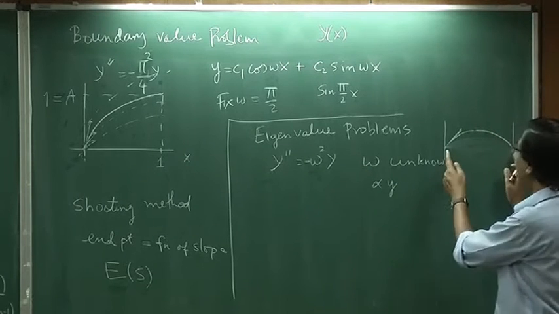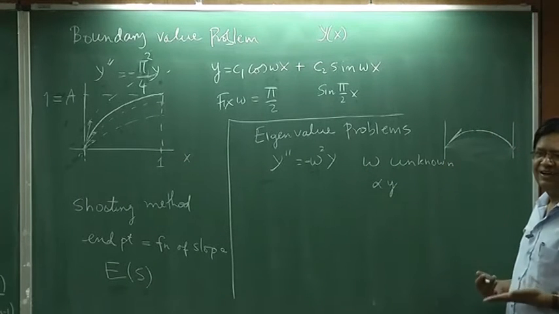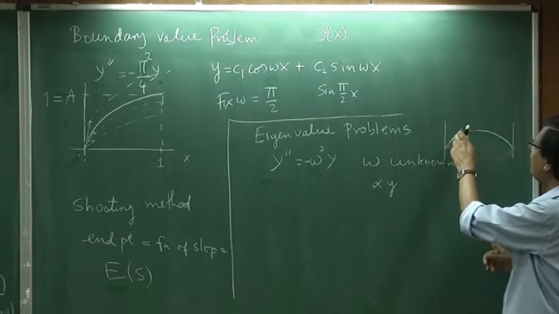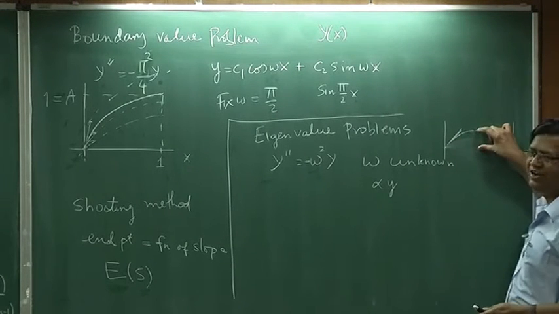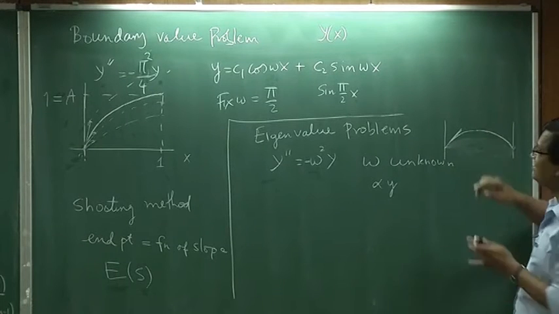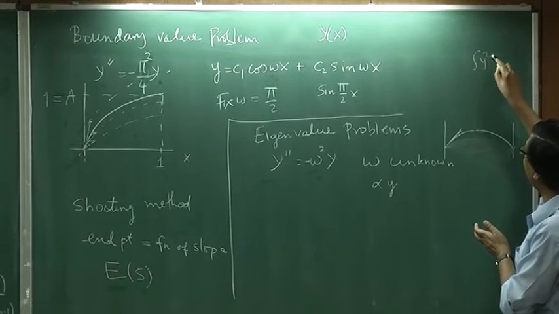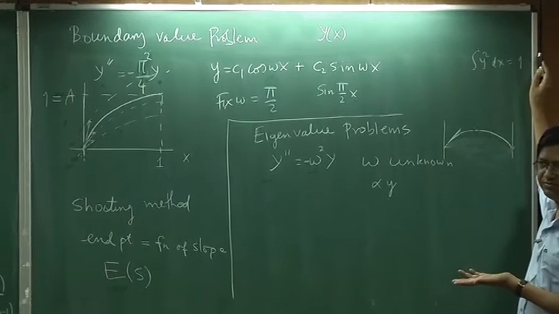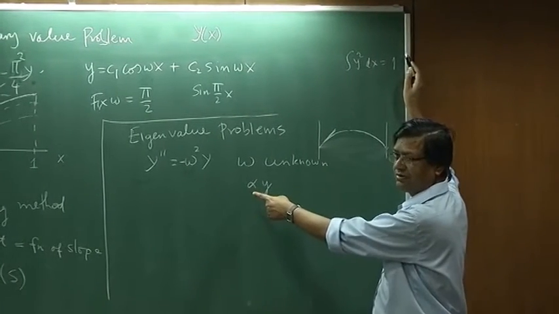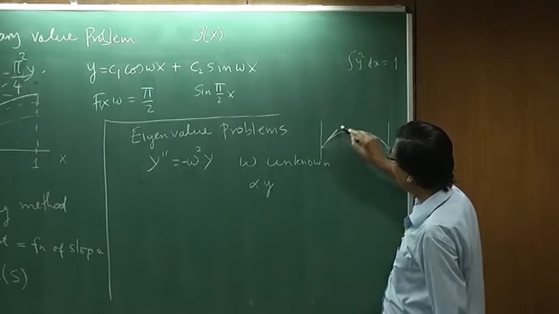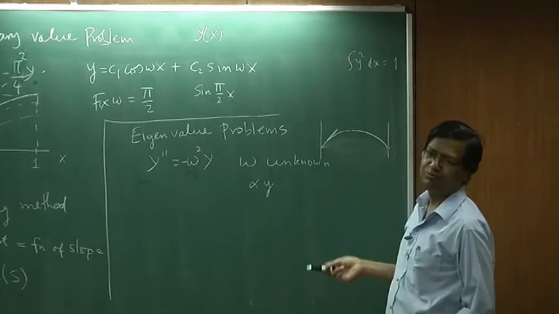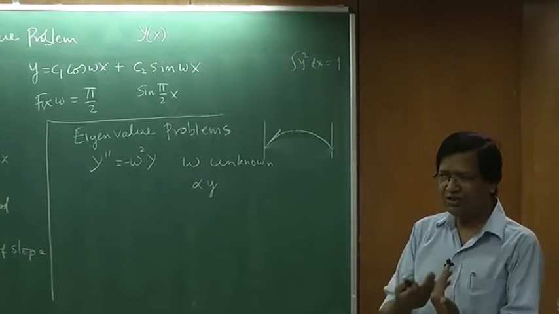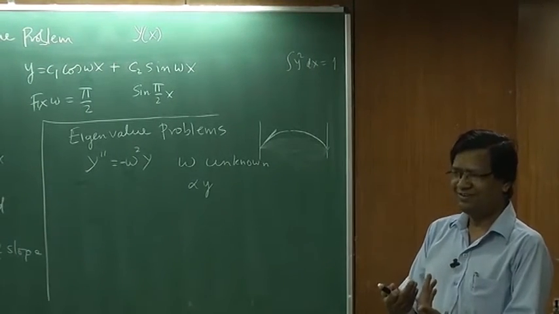I give the endpoints, but I have one more freedom. So I can choose the slope, or I can also give you the height in the middle. In the Schrodinger equation they say that the integral of mod y squared dx is 1. This is a constraint that will fix alpha. Here I can say I will give you the slope. You have to see the problem and accordingly choose your solution.